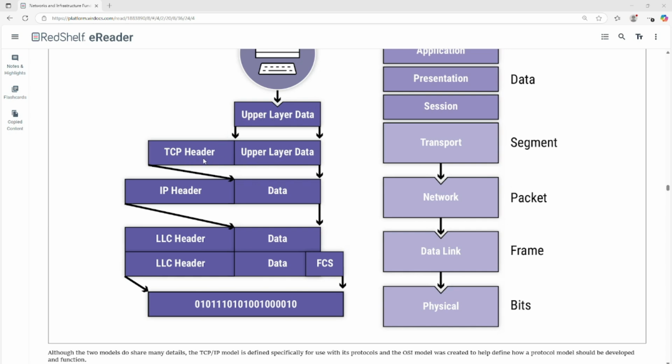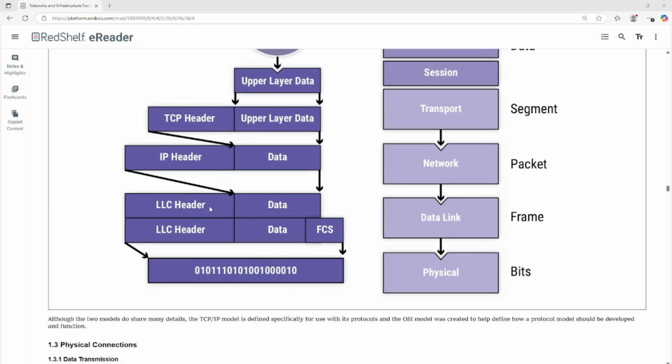It gets down to the transport layer, where it adds a TCP header to the upper layer data, and then it adds an IP header. When it gets down to layer 2, we talked about the logical link control header. It's added onto the data and starts figuring out how to deliver it to the hardware. That's when it's converted to ones and zeros at the physical layer.